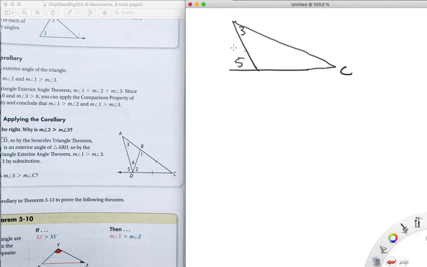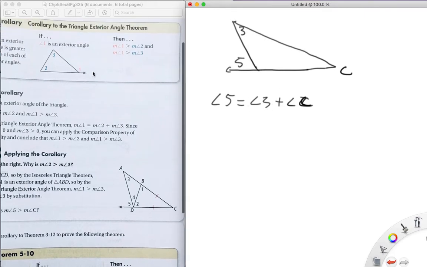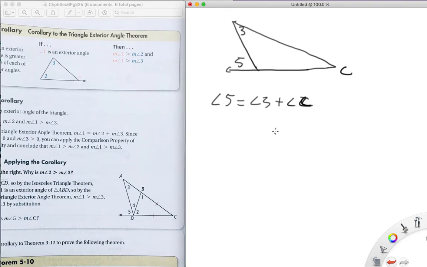So remember, the exterior angle theorem says that the measure of angle 5 is equal to angle 3 plus angle C. We just proved that, and we know that C is greater than 0 and 3 is greater than 0. We just proved that whatever it's equal to is going to be greater than, because of the corollary to the triangle exterior angle theorem.